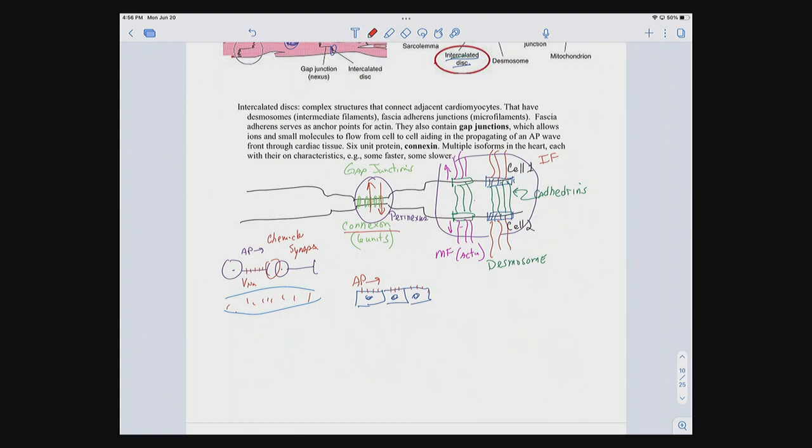So you don't really have a way of a voltage-sensitive channel tripping off this voltage-sensitive channel here. At least that was the theory. So you have to have another way of communicating the fact that one cardiomyocyte has depolarized, and how it is going to connect with the other. This is where the gap junctions come in.